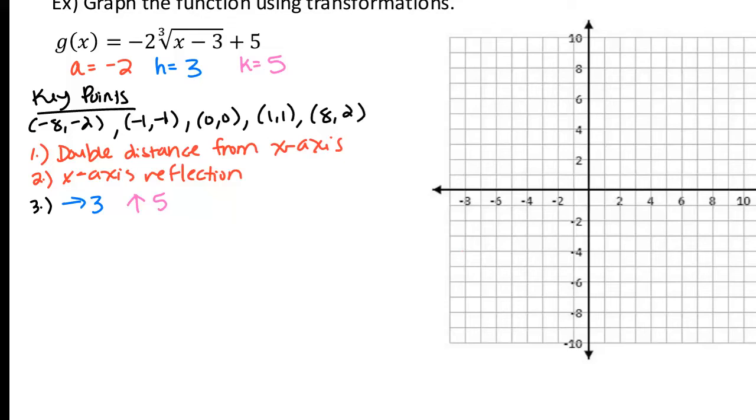I then have to flip it over to the other side of the x-axis, so -4 flips to +4. And then from +4, I go to the right 3 and up 5. Right 3 goes 1, 2, 3, and then up 1, 2, 3, 4, 5. You guys should have ended up at (-5, 9).